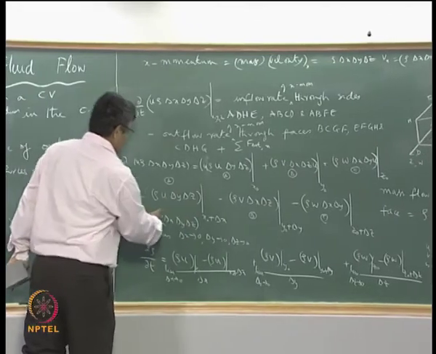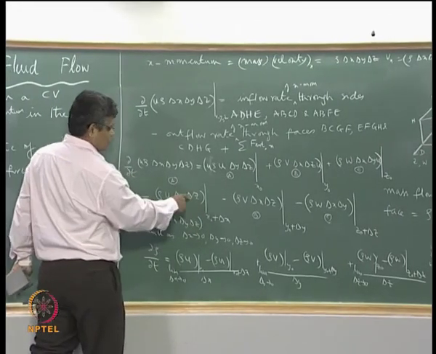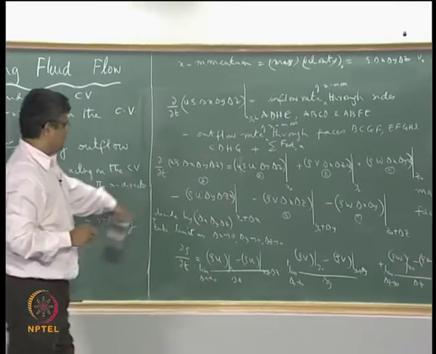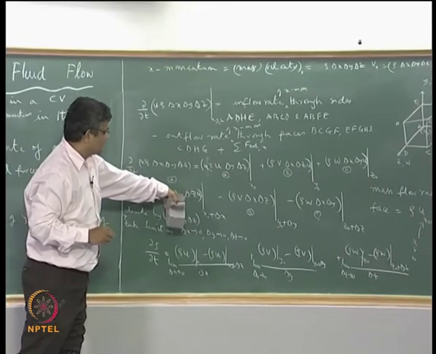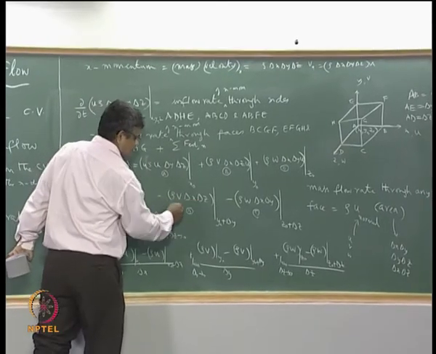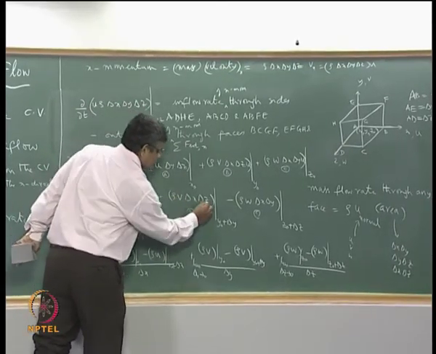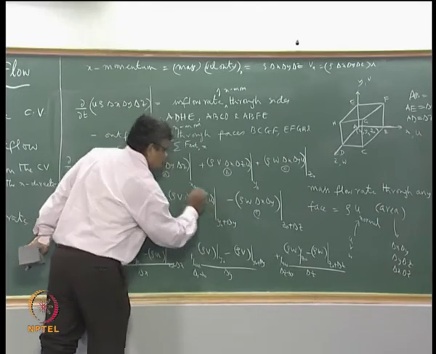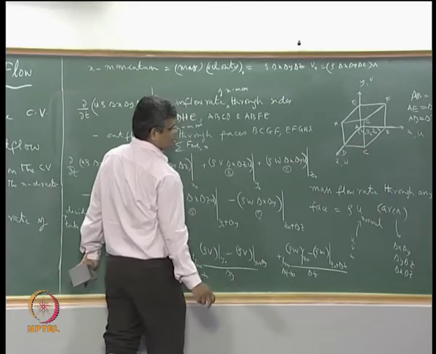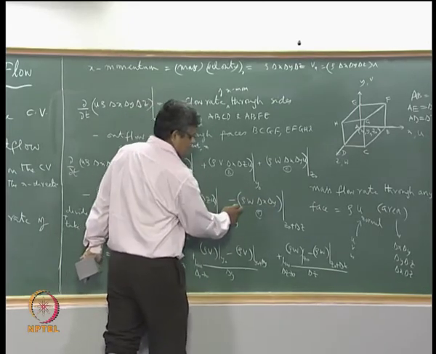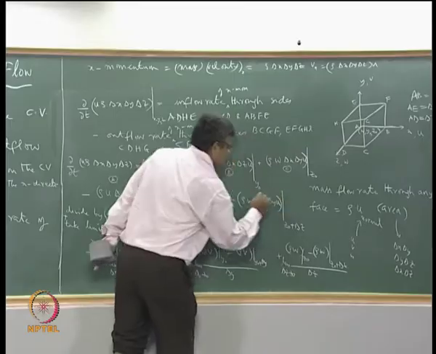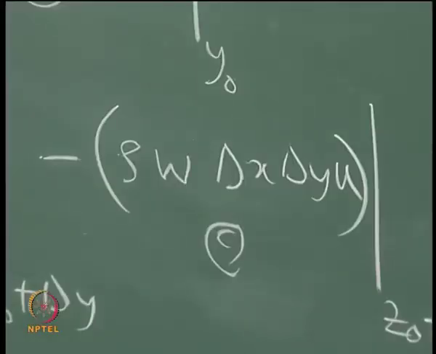Here, the mass flow rate leaving the control volume through the x face, multiplied by the u component, gives the rate of x momentum flow through that out face. The rate of x momentum flow through the top face is the mass flow rate through that face times u, and for the front face it is again the mass flow rate times the velocity component u.